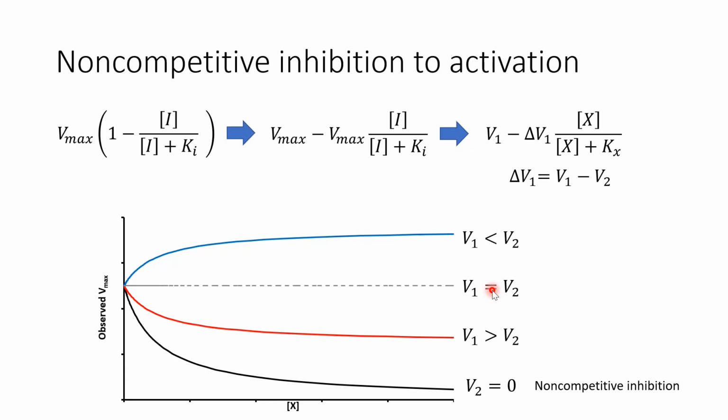And then if V2 is smaller than V1, you're going to get varying degrees of inhibition, right down to where V2 equals 0, then you're going to have complete inhibition, which is what's defined by the non-competitive inhibition equation.